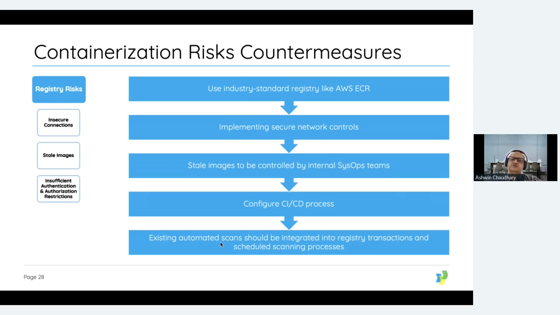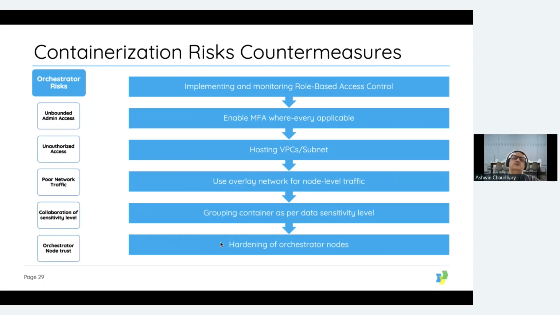Stale images should be controlled by internal sysops teams. Configuration of CI/CD processes and automated scans should be done periodically. These are some of the mitigation measures for registry risks.